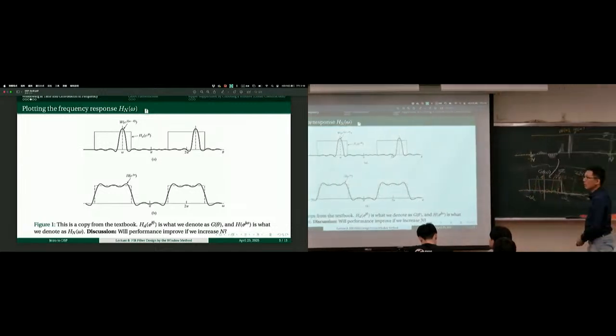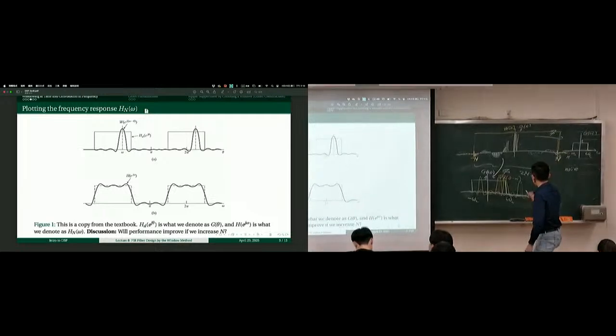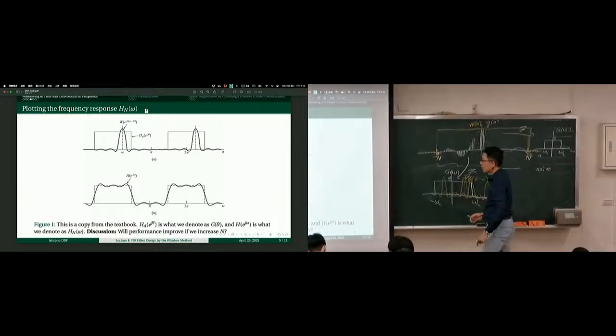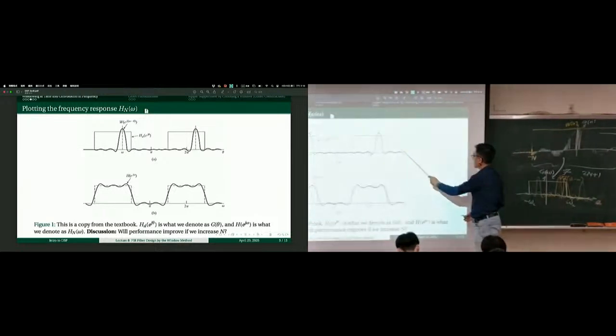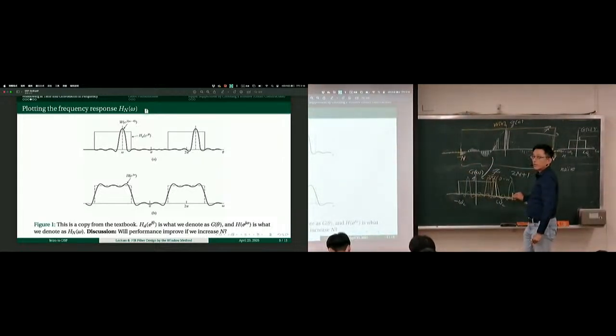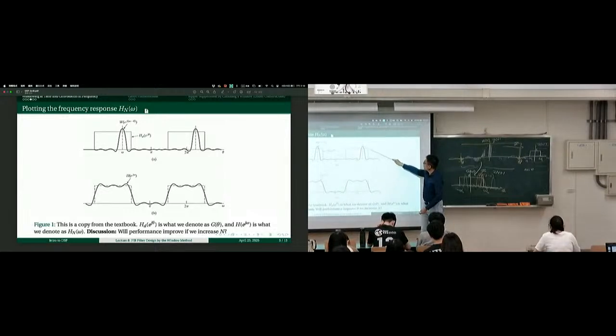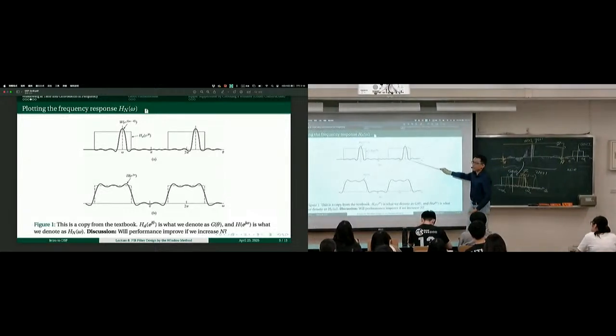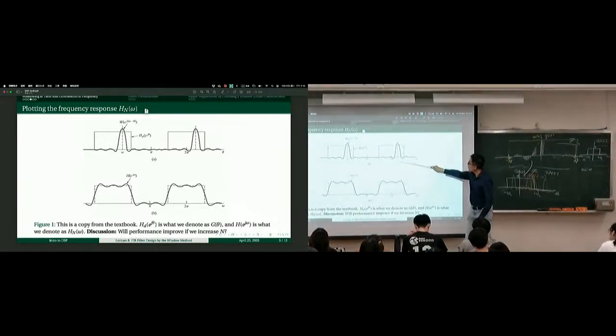It makes sense, right? Because when W moves outside the passband, W and G do not overlap much, therefore the area becomes small. But when the main lobe is within the passband, the area should be large.